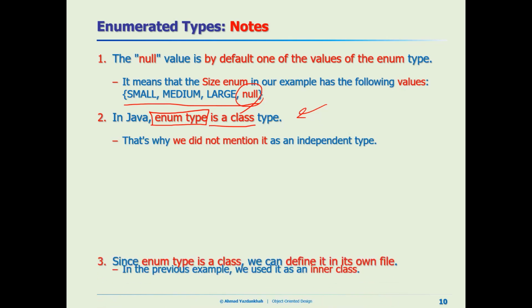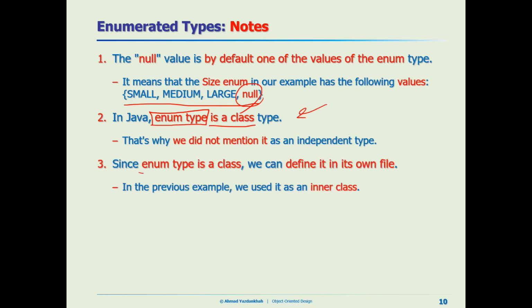Okay, so since enum is a class, we can define it in its own file. We can make it independent of any other classes. In the previous example, I created it as an inner class, but it can have its own file, right?